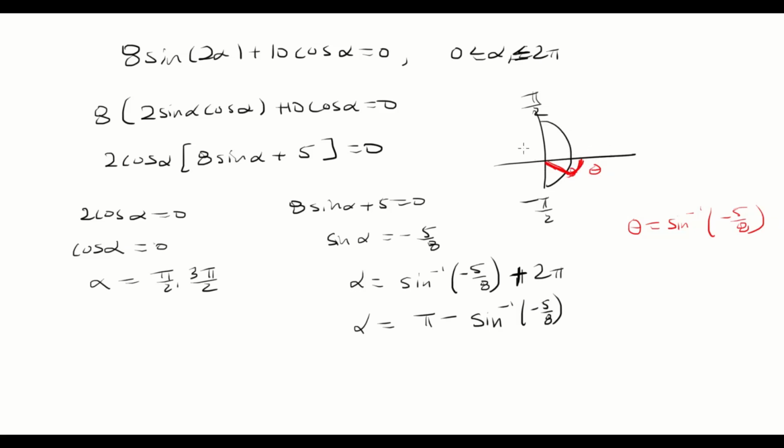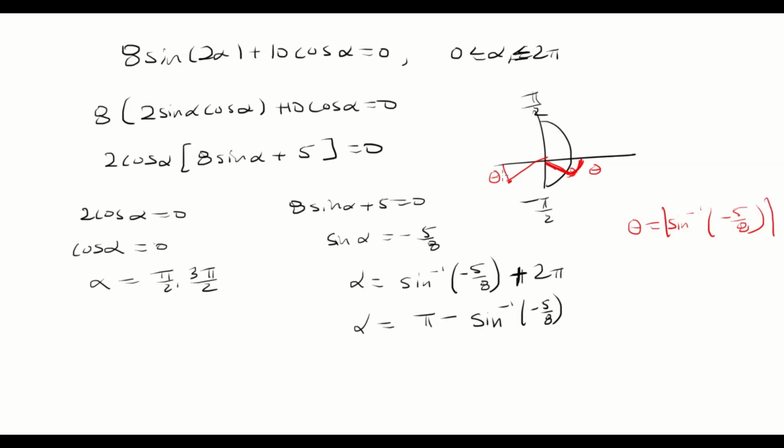And when is sine negative? Well, sine negative is also over here. This is also, think of this as like the absolute value of theta, because theta is negative. And so what you want to do is let's say that theta is the absolute value.